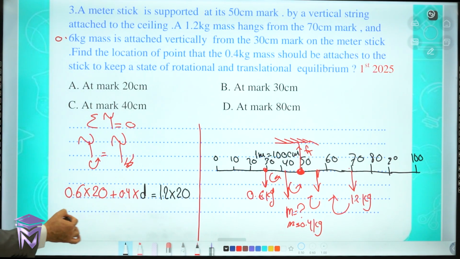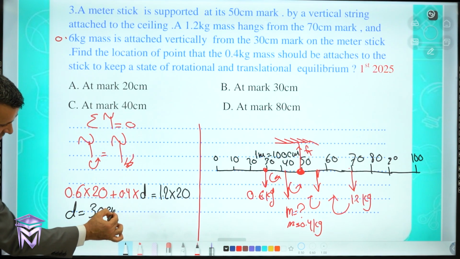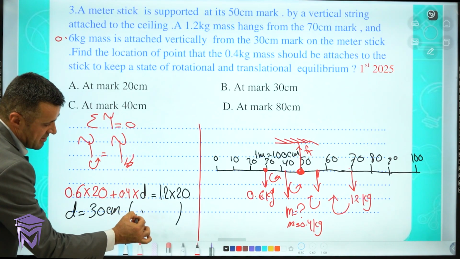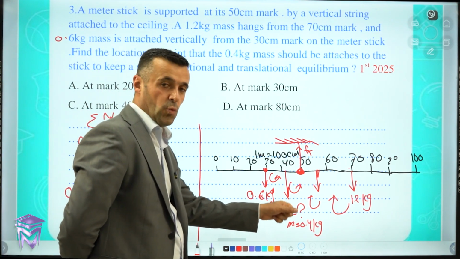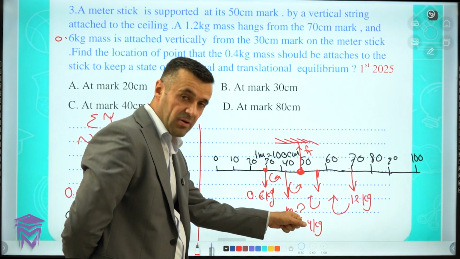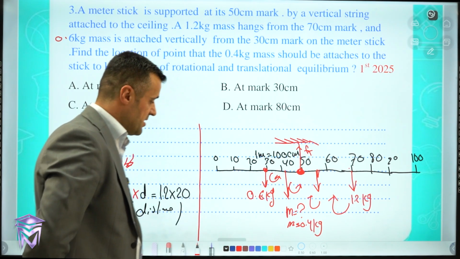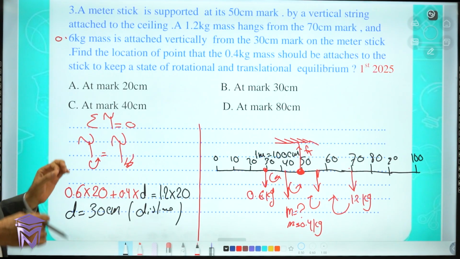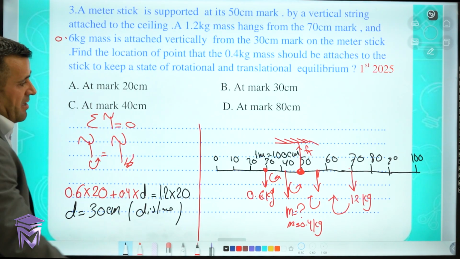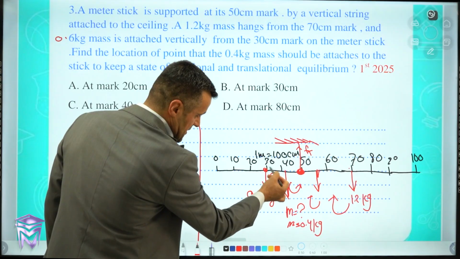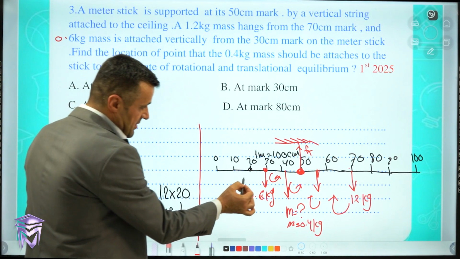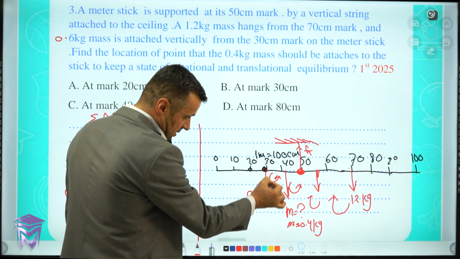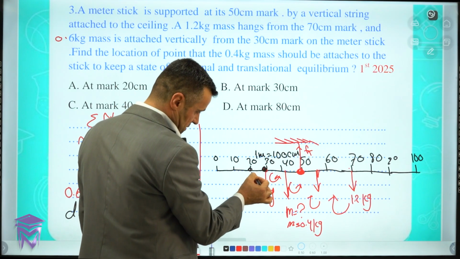By calculation we get D equals 30 centimeter, but this is the distance between the 0.4 kilogram mass and the axis of rotation, and we have to find the mark. 30 centimeter is the distance between the third mass and the axis of rotation.